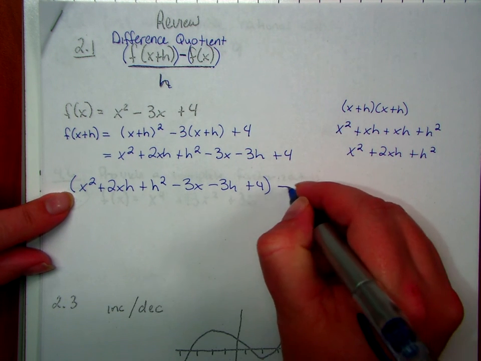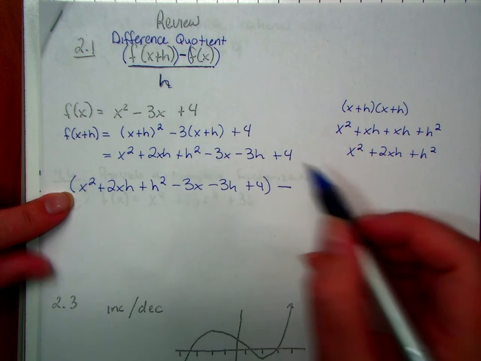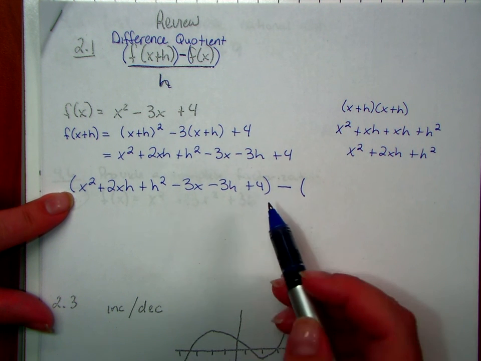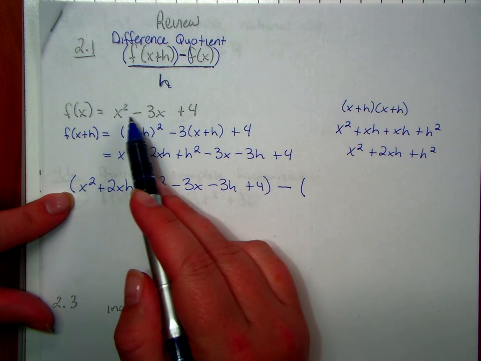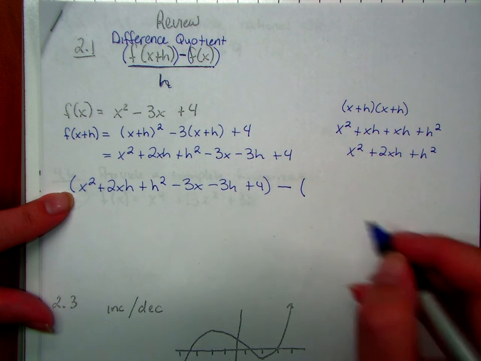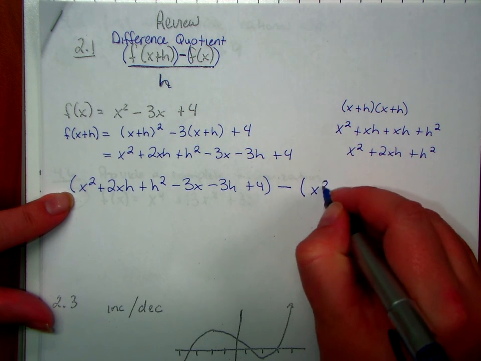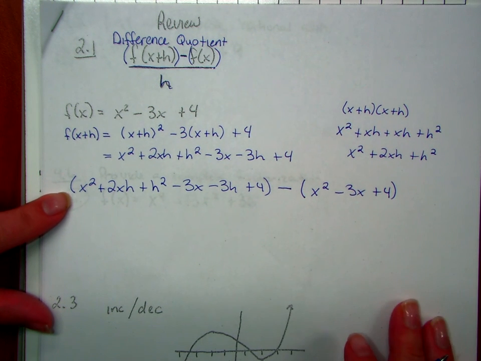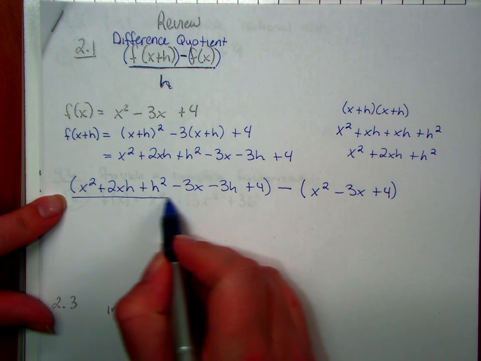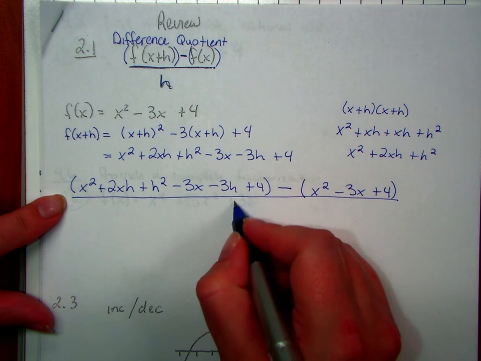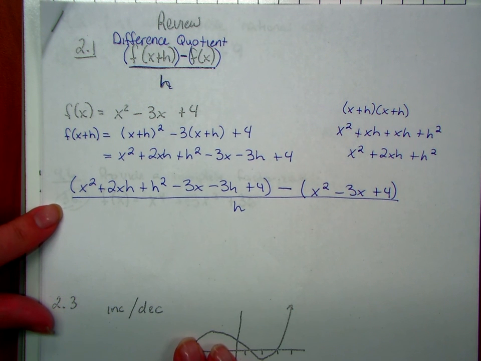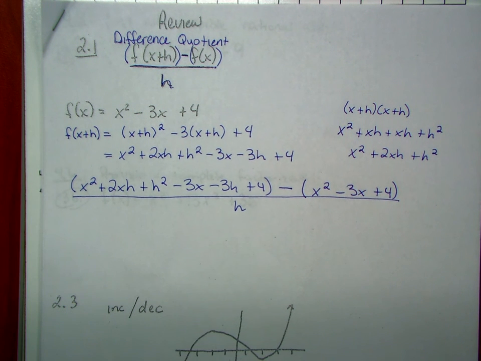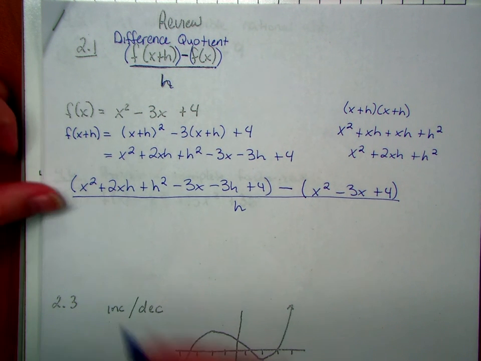And then what I want to do is I want to subtract the function. Okay, so I'm going to put that in parentheses as well. The function is x squared minus 3x plus 4. So I need to make sure I'm putting the whole entire function, okay, in the second set of parentheses. And then we want to divide it all by h. So at this point, I need to simplify this, right?